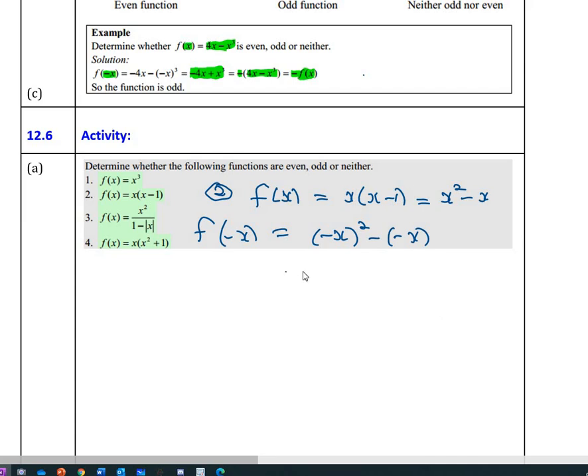Now I'm just checking what is happening. I'm getting x squared plus x. Well, that is not the original. The original is x squared minus x. And if I take out a negative here, I'm going to get negative x squared, negative x.